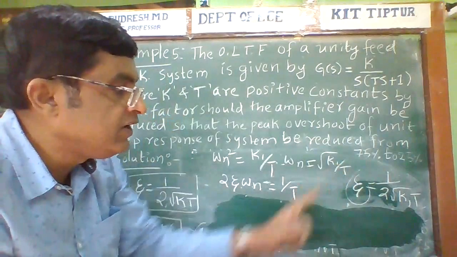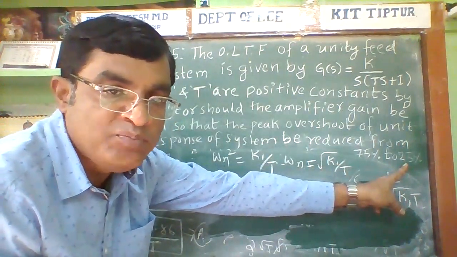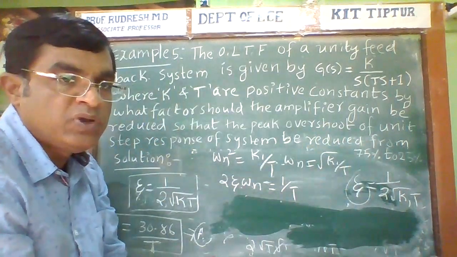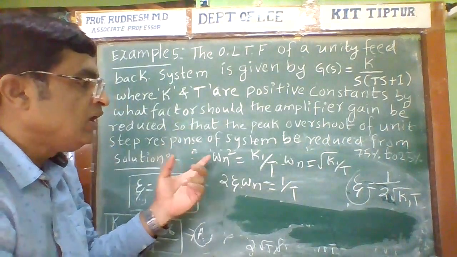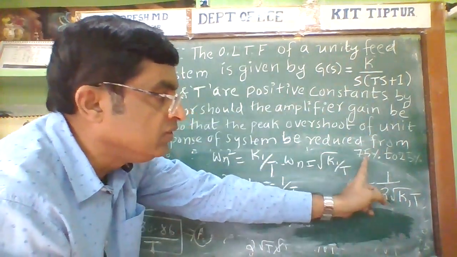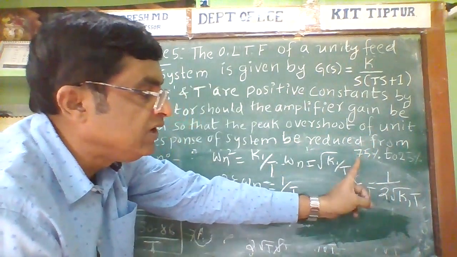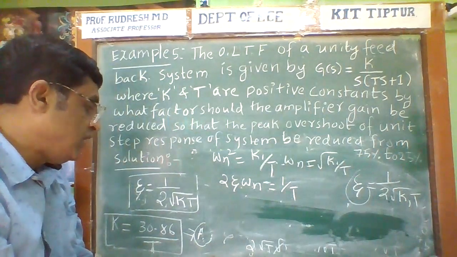Now we need to calculate zeta when MP value is equal to 25%. So if the new gain of the amplifier is k1, then we need to reduce the MP also from 75% to 25%. So therefore, we need to calculate the MP value.